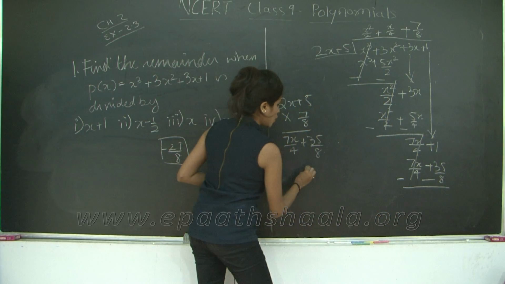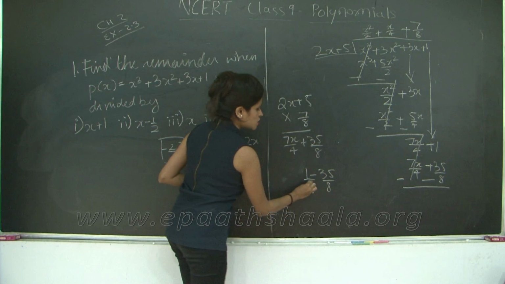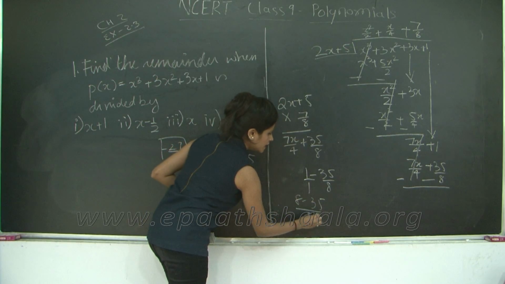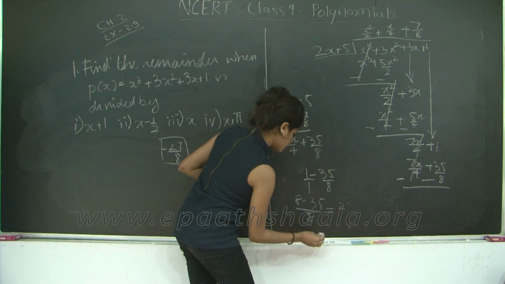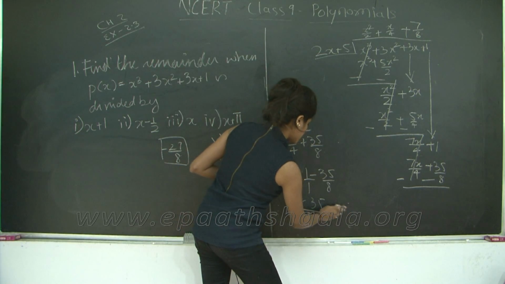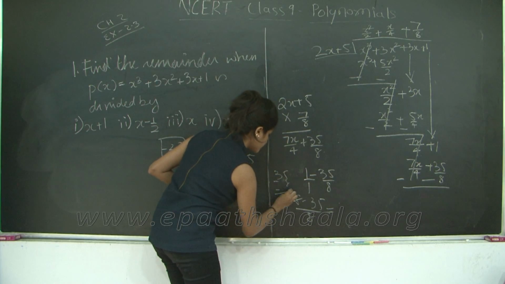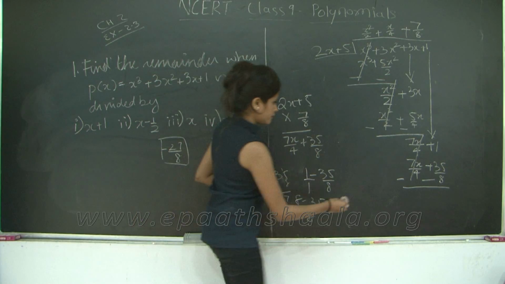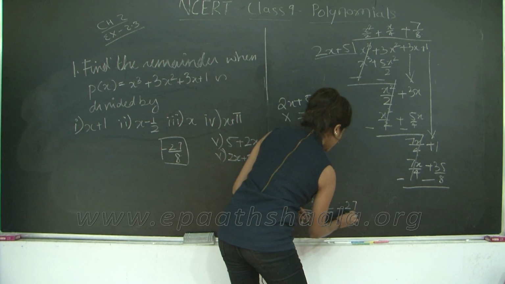Now let's check 1 minus 35 upon 8. LCM is 1. So 8 minus 35 upon 8. 8 minus 35 is what? 35 minus 8 is 27. So this is minus 27 upon 8.